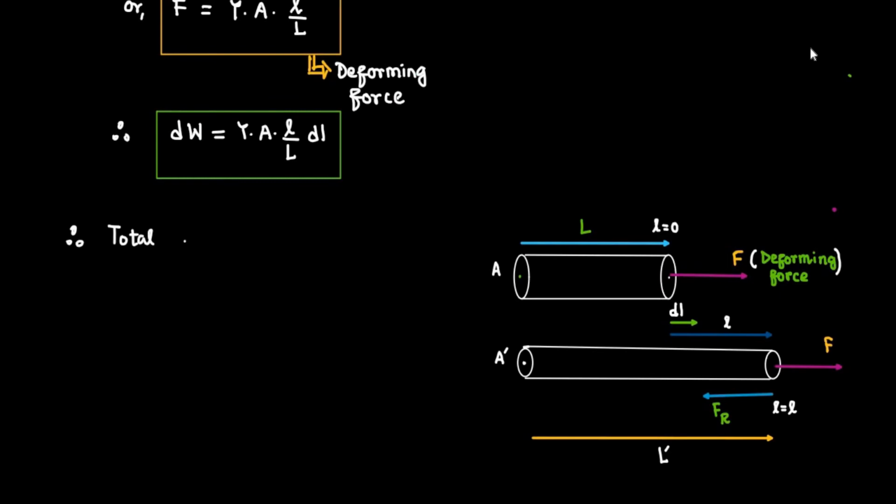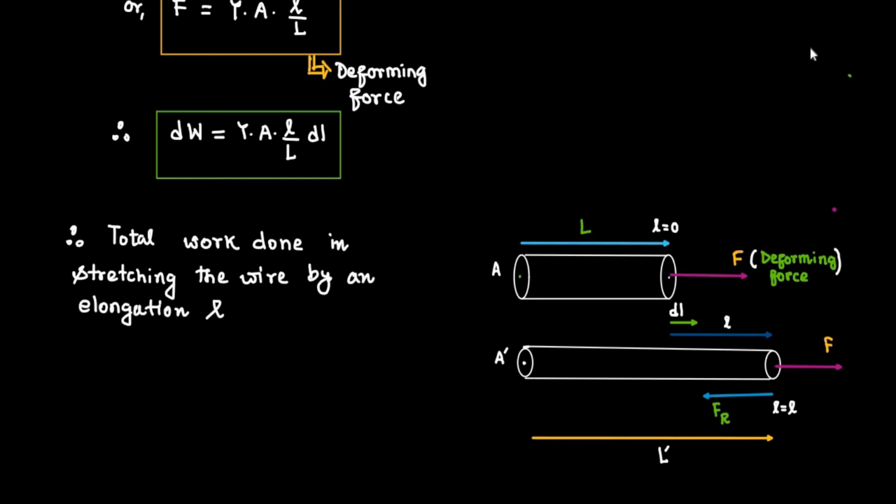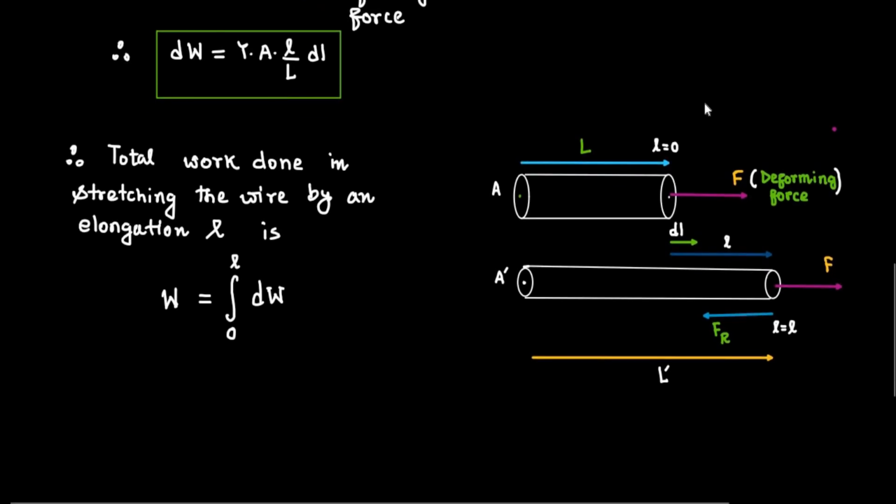Therefore the total work done in stretching the wire by an elongation small l is W equals the integration of dW from 0 to small l, equal to the integration of Y A small l by capital L dl from 0 to small l.